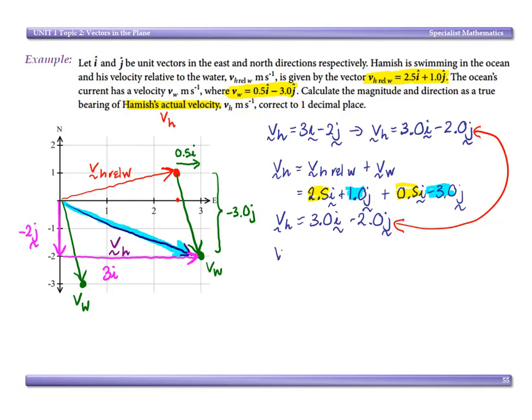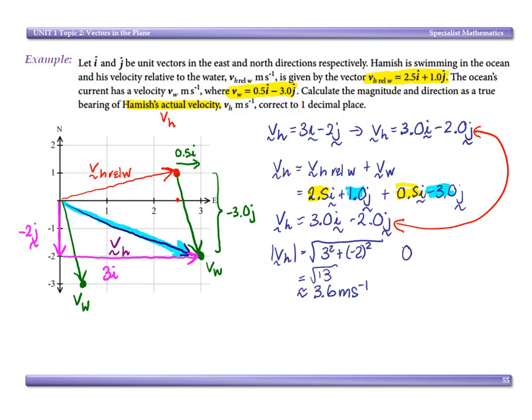Now our magnitude is the square root of 3 squared plus negative 2 all squared, which is the square root of 13, which is approximately 3.6 meters per second to the minus 1.